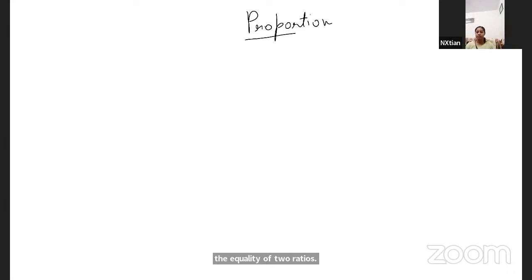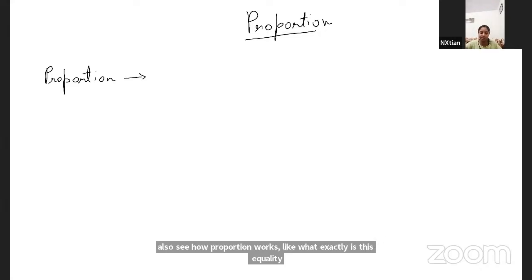The comparison between two ratios or the equality of two ratios is known as proportion. Okay, so we can write down. We'll also see how proportion works, what exactly is this equality or comparison between the ratios.